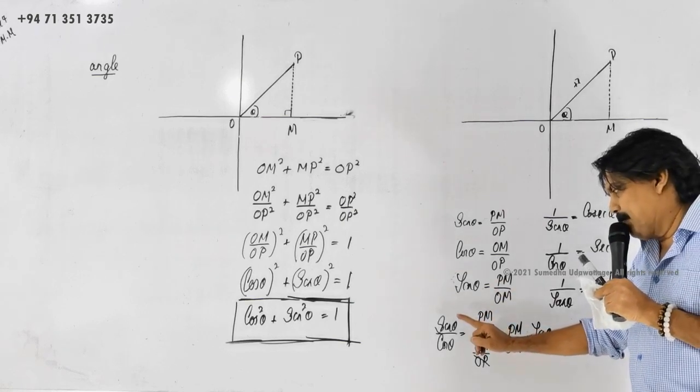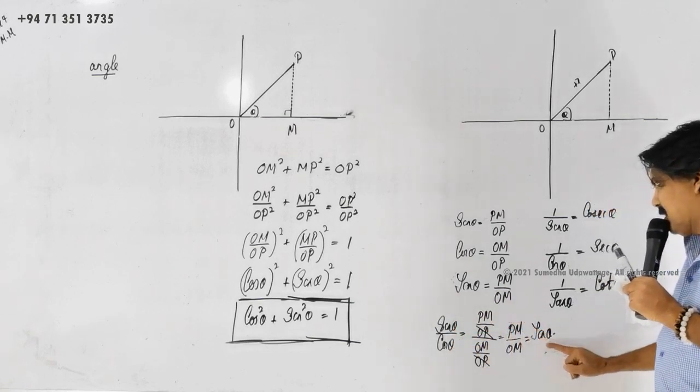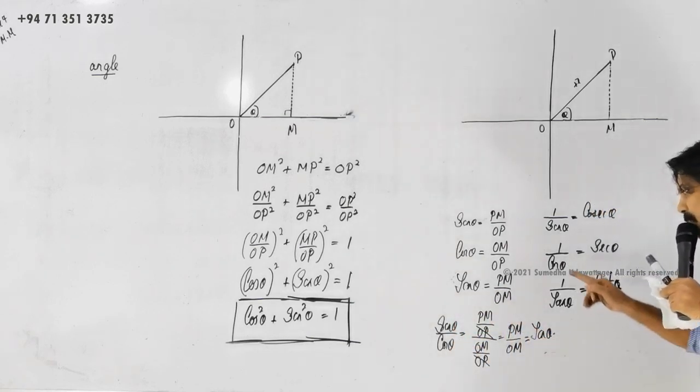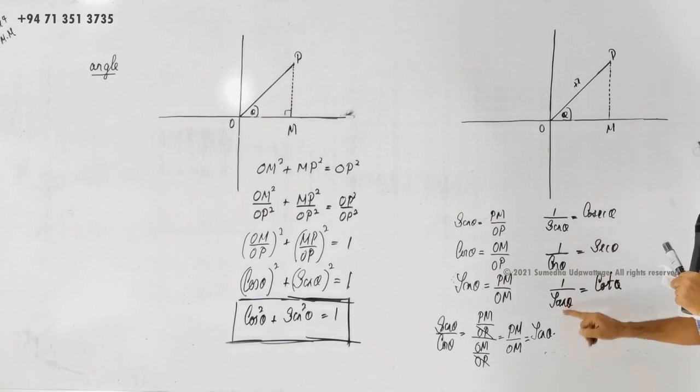Sin theta divided by cos theta is tan. You remember the word cosec. 1 over sin is cosec, and 1 over tan is cot.